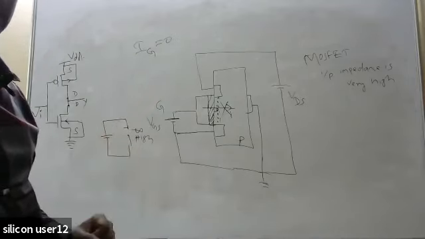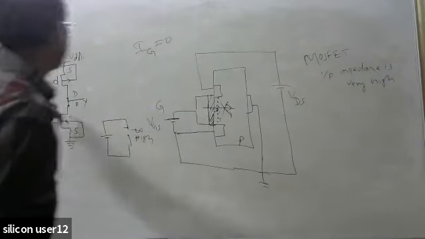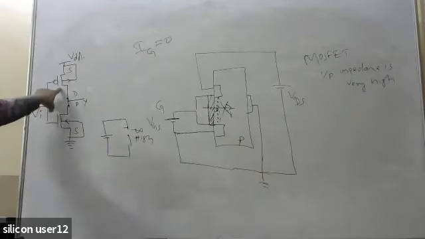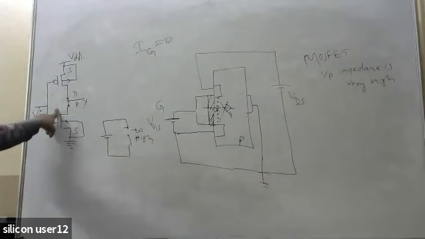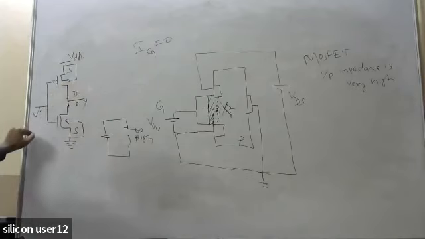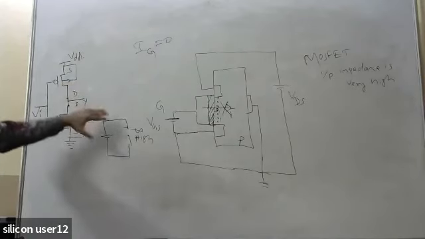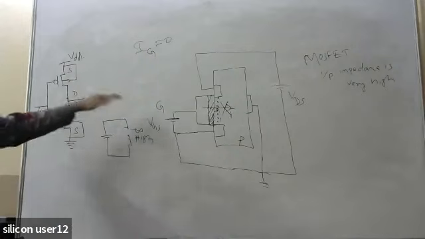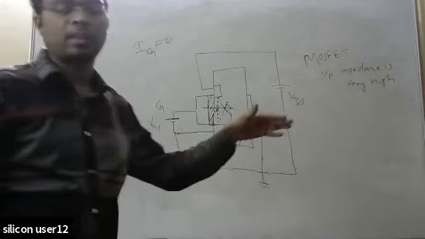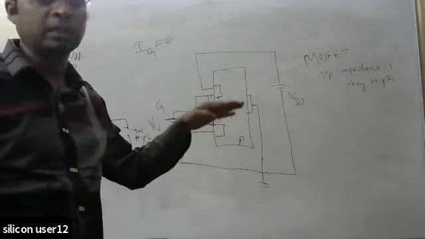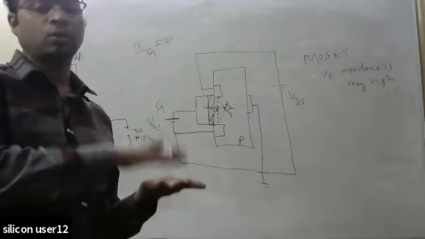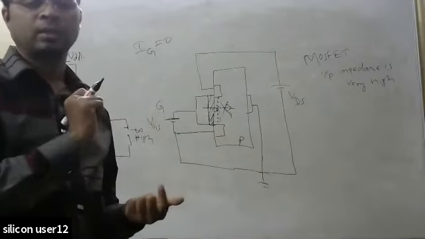So BJT as a switch, like we saw about the inverter or the FET as a switch. Here, if you give a low voltage at the input, the output is high, and if the input is high, then the output is low. That is, it is inverting or switching the level. The level of the input voltage is switching between low and high.